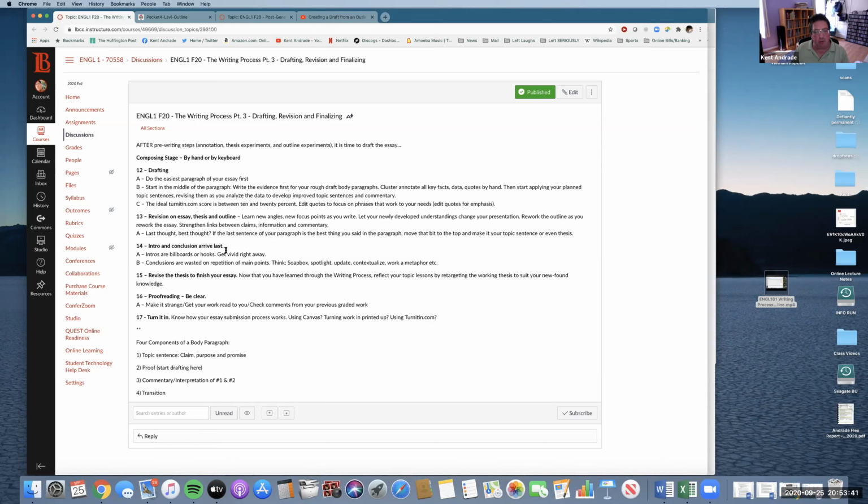And what we're going to be doing here is working with the outline. Now, to drive home how important an outline is, if you just skip all 11 steps and just jump to the draft, you're crazy. You're not going to have a productive writing process.